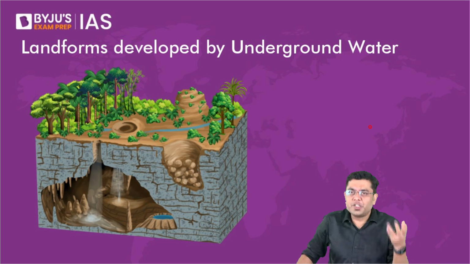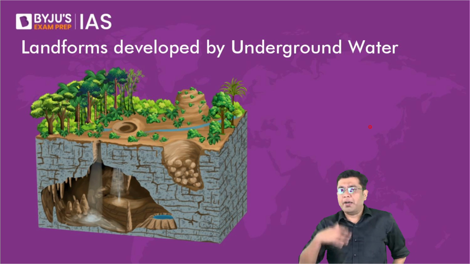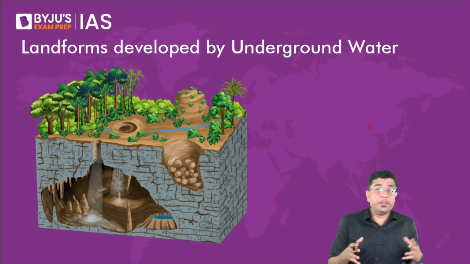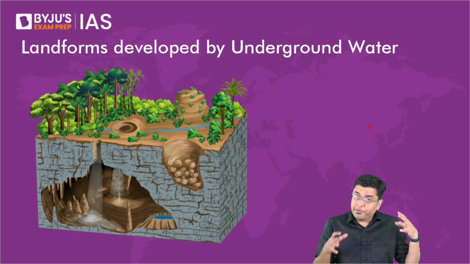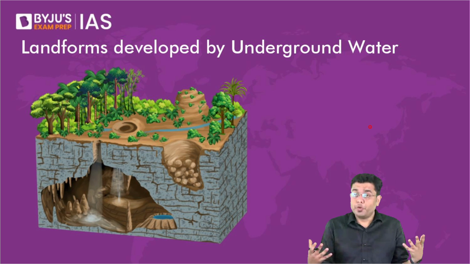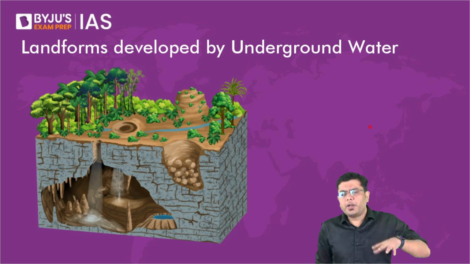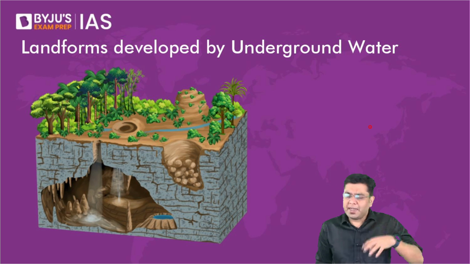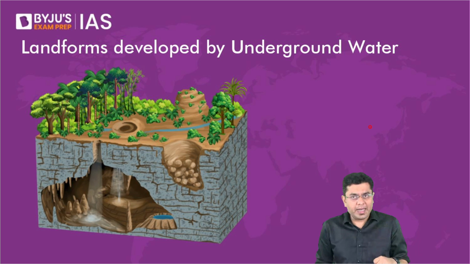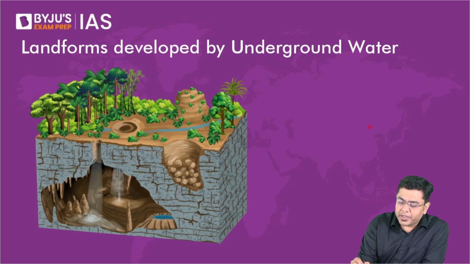For example, the calcium based materials, wherever you have limestone rocks, limestone is very rich in calcium. So if you have in a region a lot of those kind of materials, water will keep on dissolving those and create erosional and depositional landforms. This is what is also referred to as karst topography.